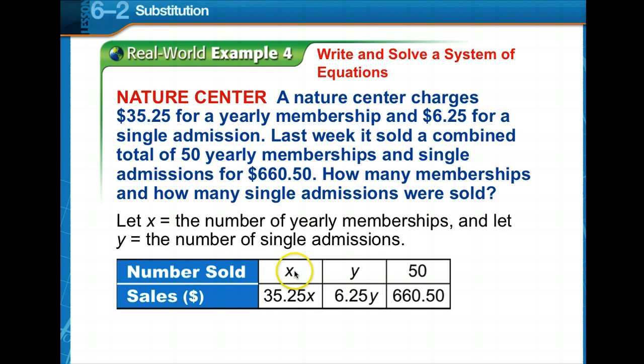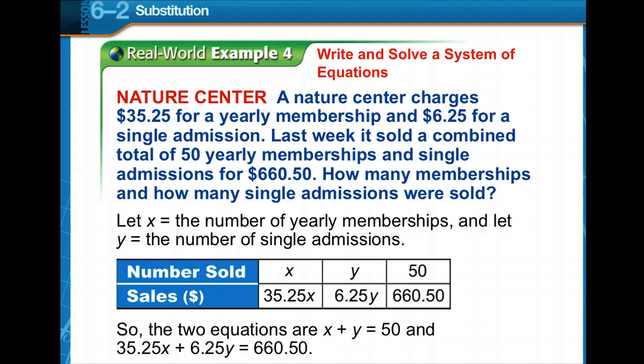So we've got yearly memberships plus single admissions. They sold a total of 50, both of these combined. Now we know that the cost is $35.25 for each yearly membership and $6.25 for each single admission, and they have got a total of admissions of $660.50. They want to know how much of each of these were sold.